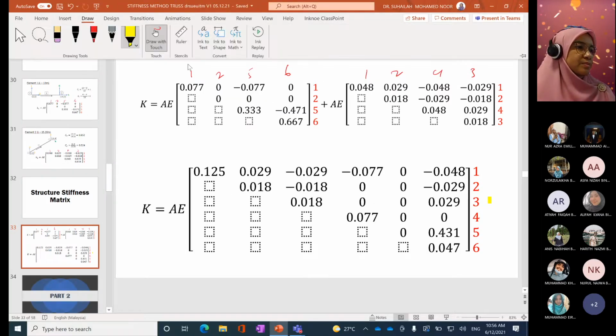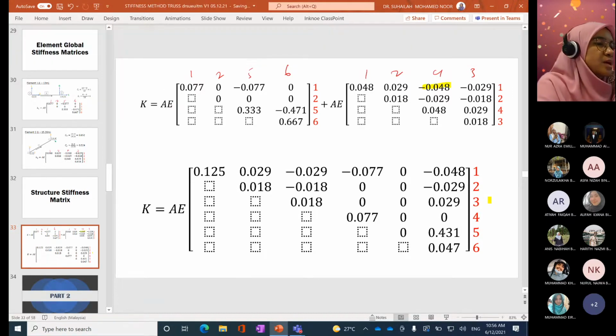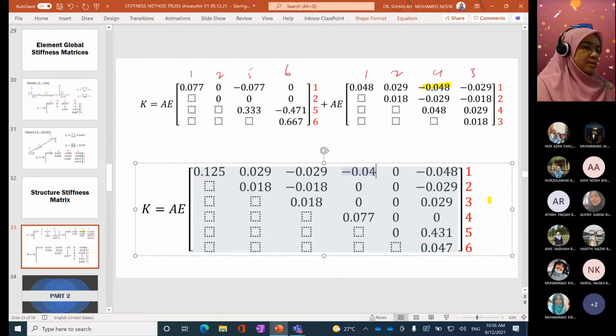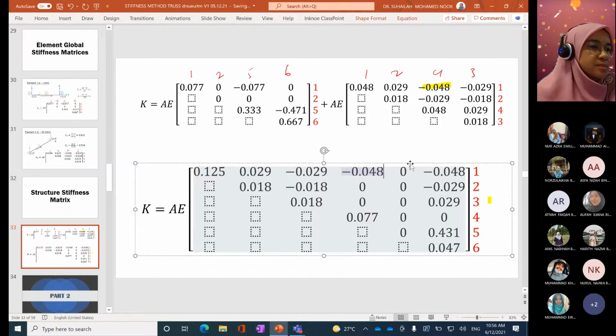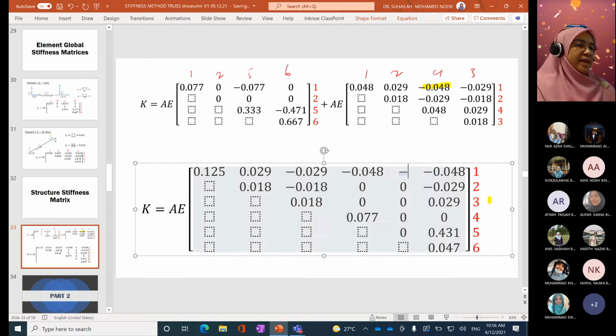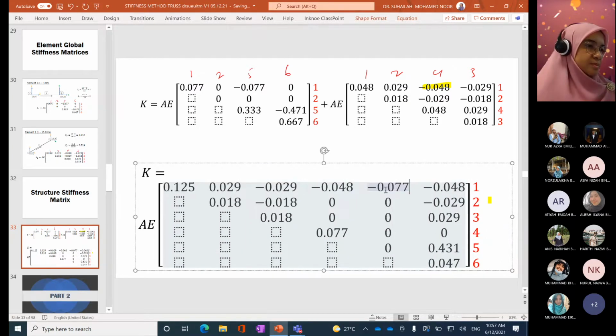Sekejap, mana 1, 4? 1, 4 yang ni, 0.048. So ubah 1, 4 ni sebagai 0.048. Okey? Lepas tu 1, 5. Negatif 0.077. Kan?